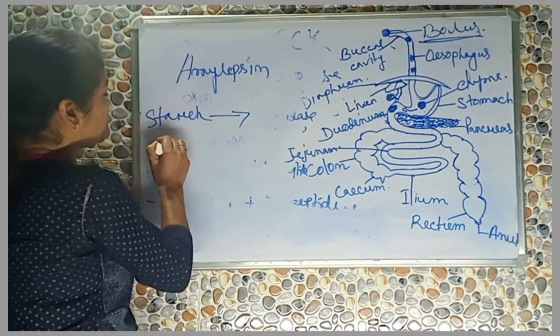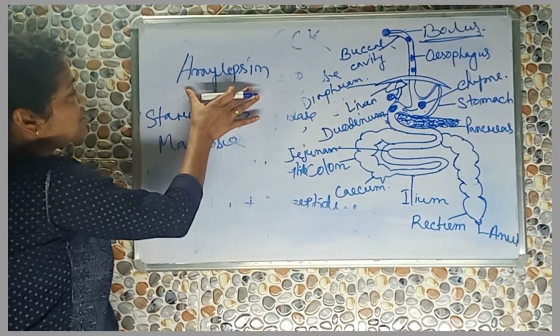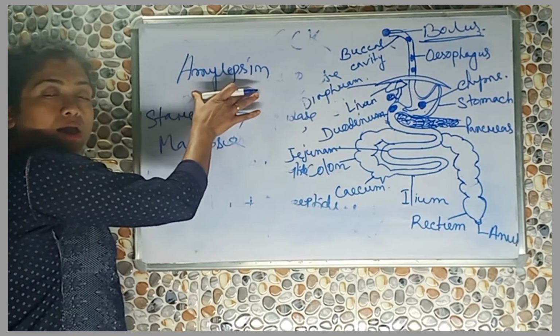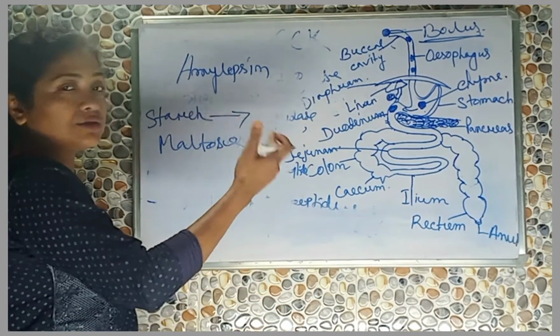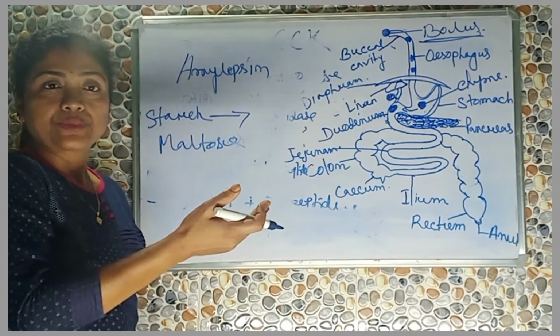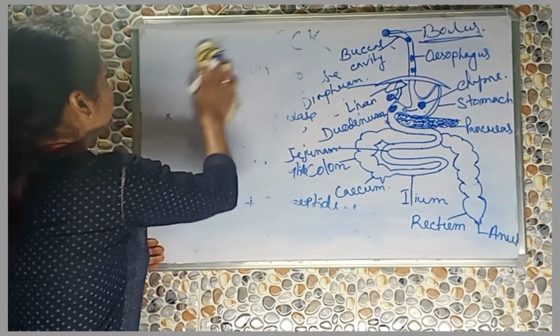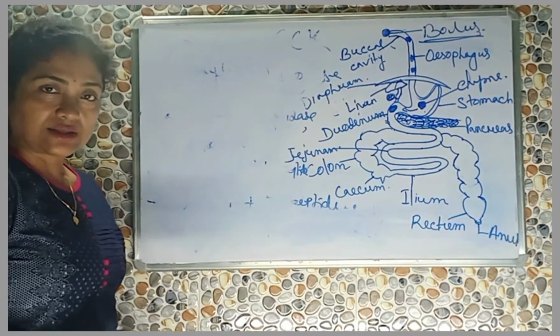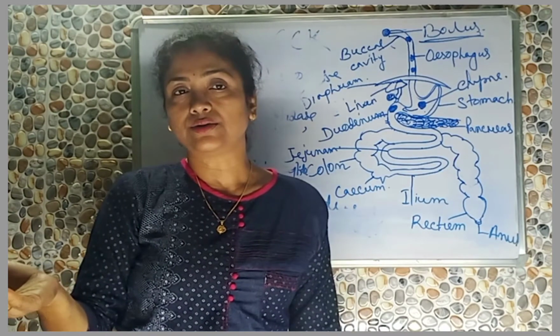And starch is broken down into maltose in the presence of amylopsin. And then the lipolytic enzyme of pancreatic juice is known as steapsin. So steapsin acts on the remaining part of the fats, and fats are broken down into fatty acid and glycerol.